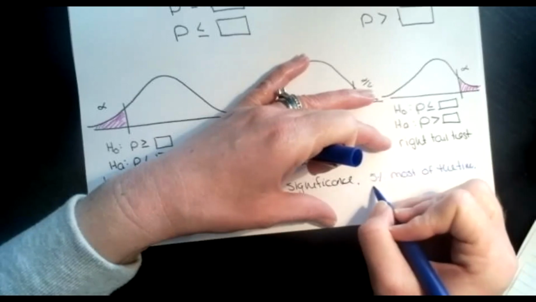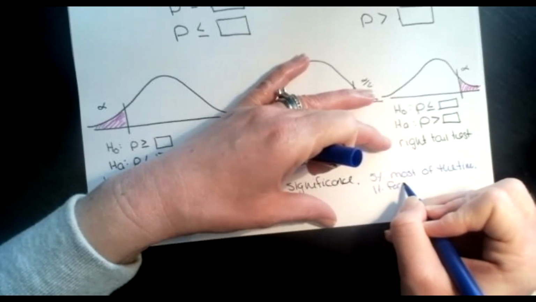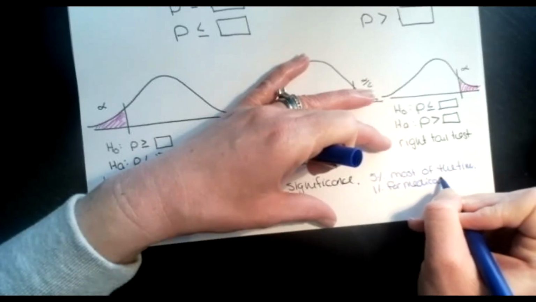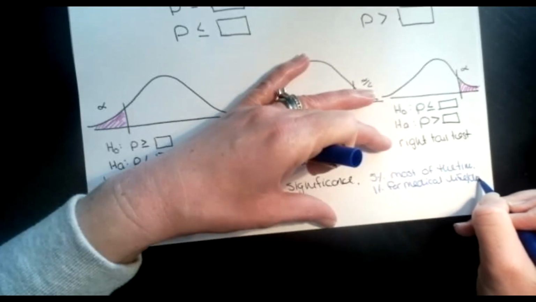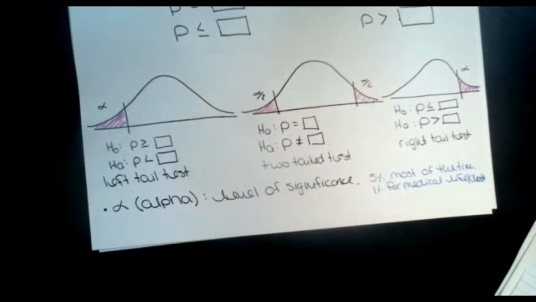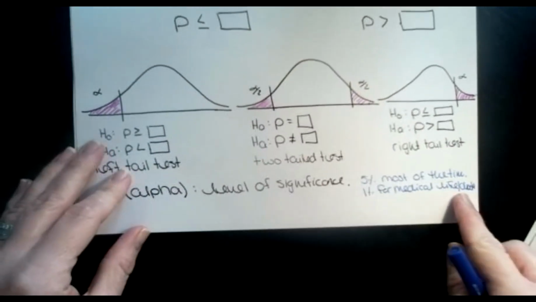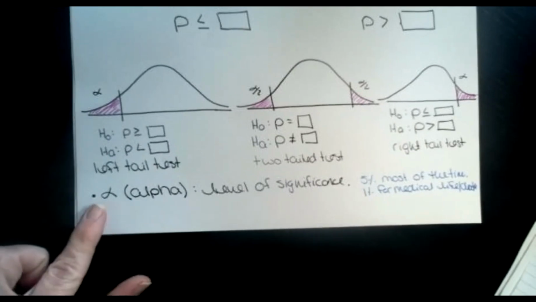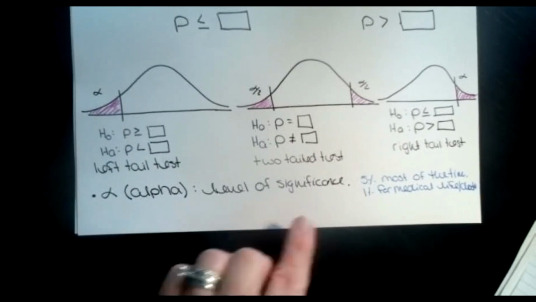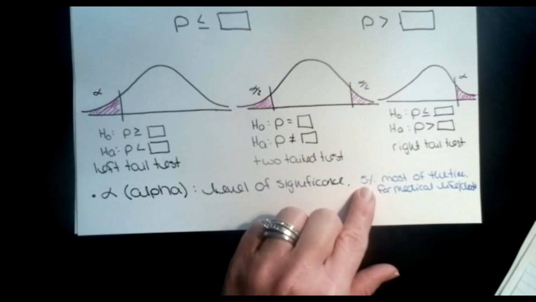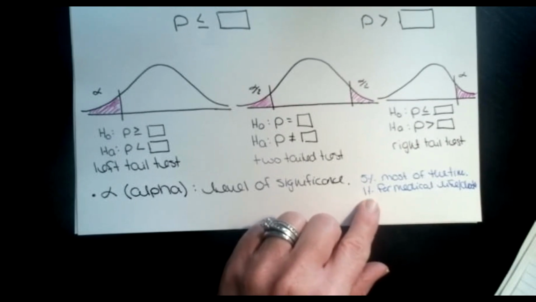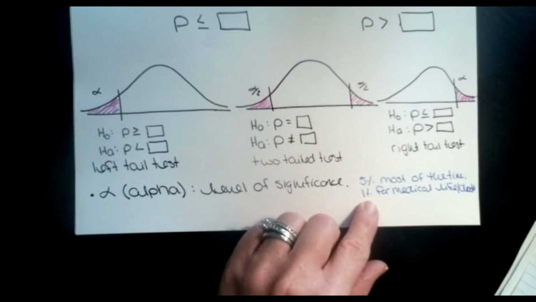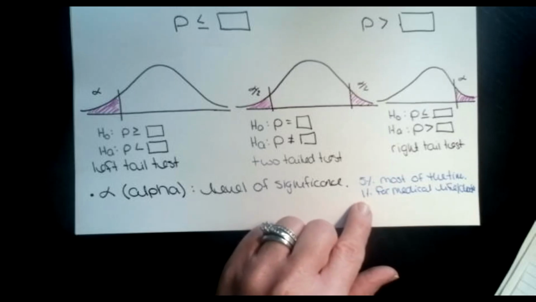And sometimes we see 1% for a medical, and I'm going to say life or death situation. Sorry, I kind of scribbled that in there, but it says life or death situation. So if we're not given an alpha, we automatically go to the 5%. Or if it's a medical life or death, so maybe about heart attacks or something really serious that could be a death situation, then we would use 1%.